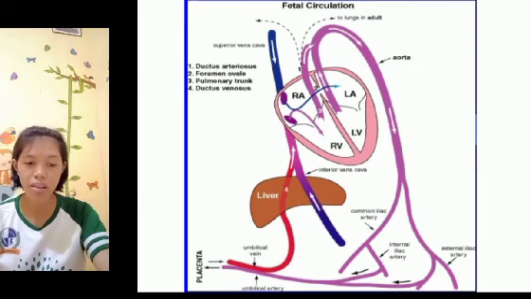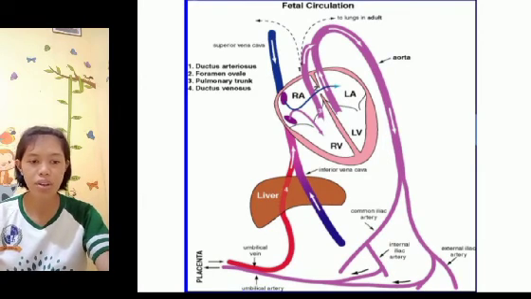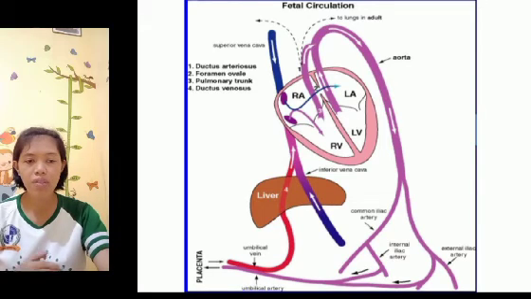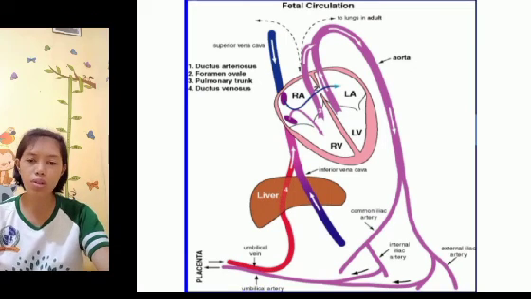So the ductus venosus, ductus arteriosus, and foramen ovale as a whole, as we go into adult life or the adult stage, then become ligaments. So in the embryonic life, we use that one as the.